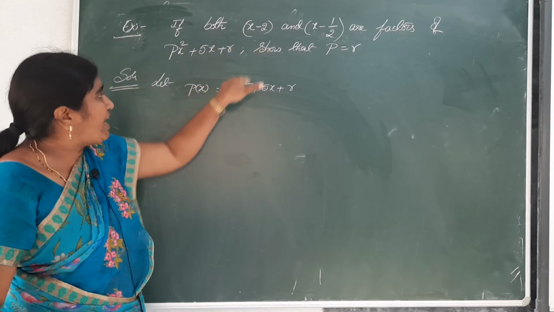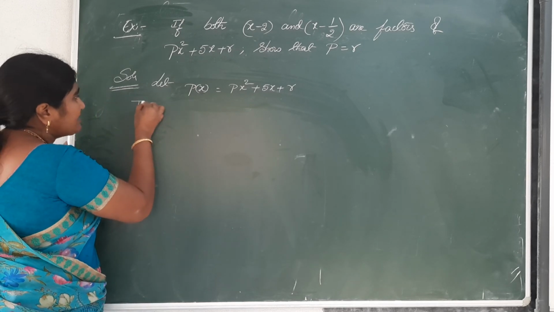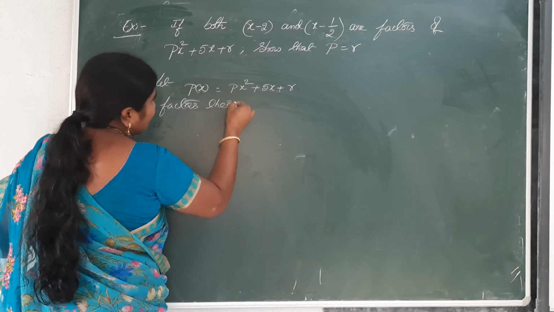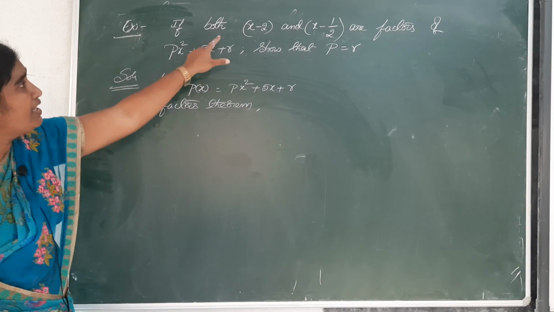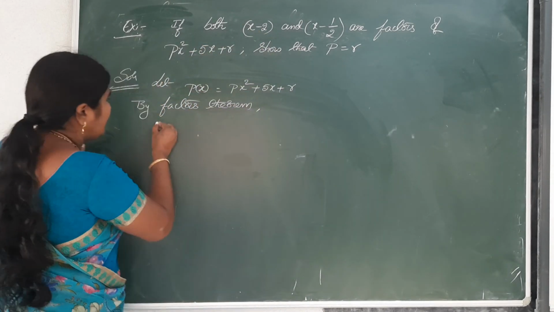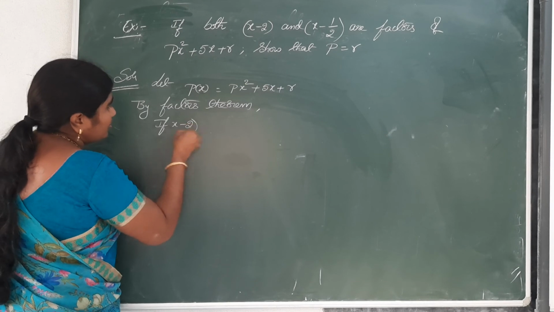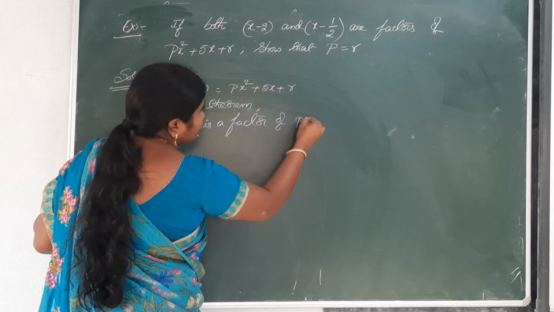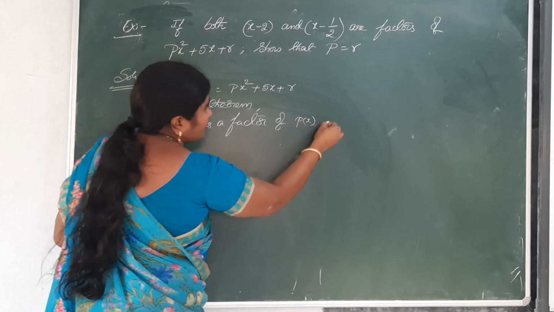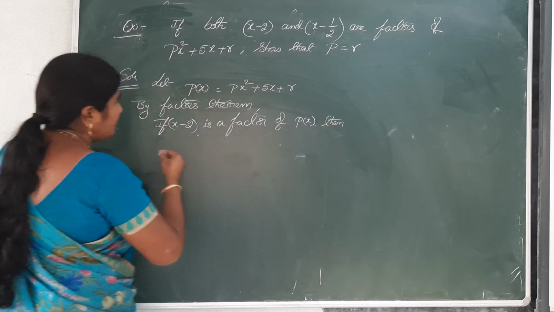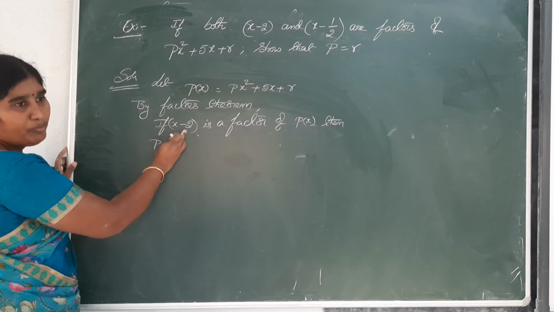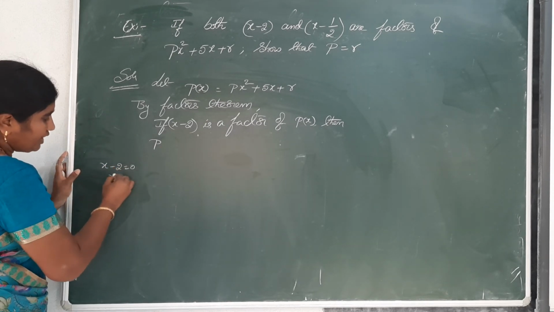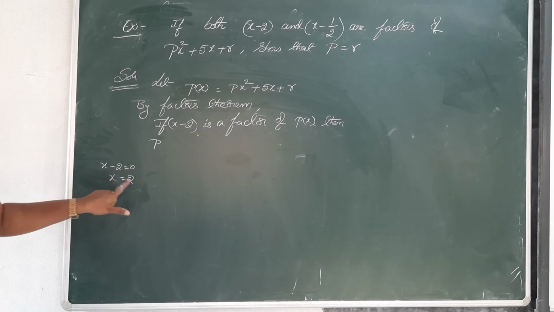If x minus 2 is a factor of P of x, by factor theorem, the zero of the polynomial x minus 2 is 2: x minus 2 equal to 0, then x equal to 2.